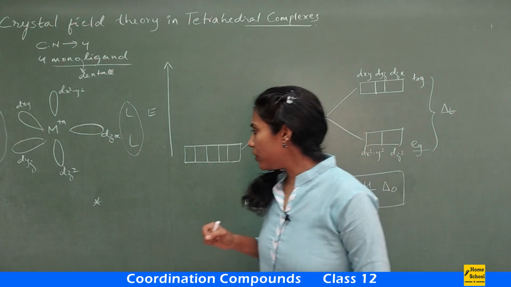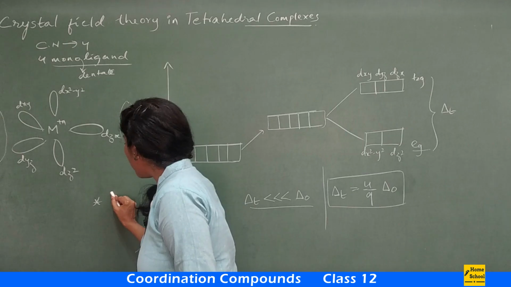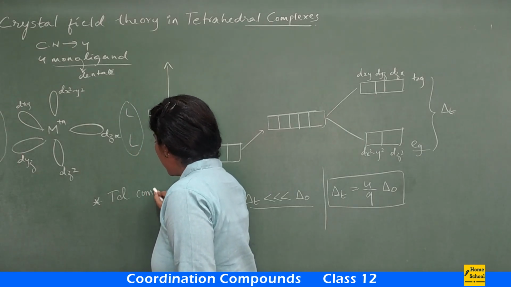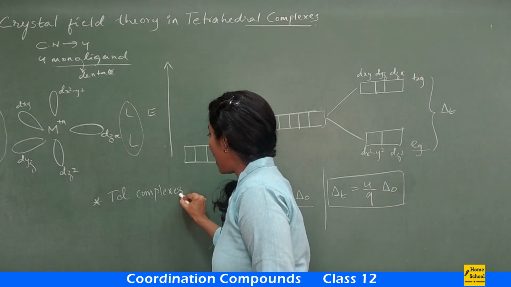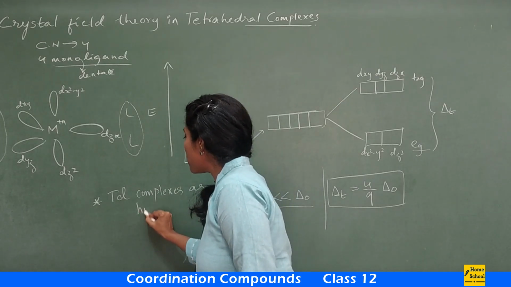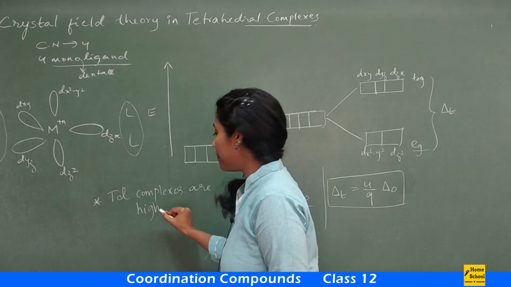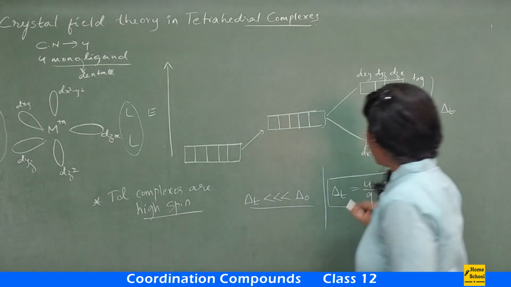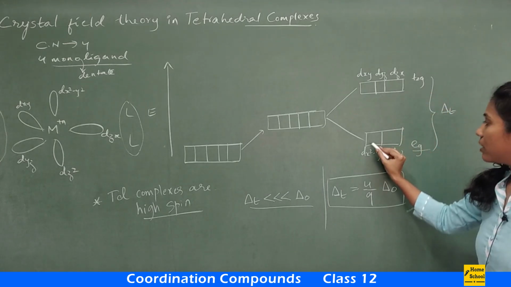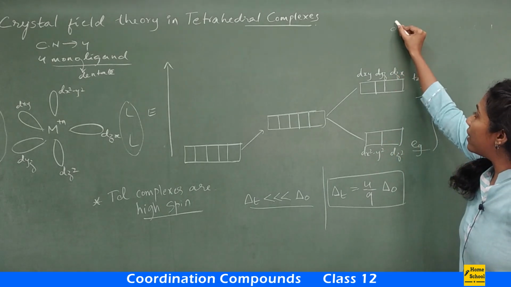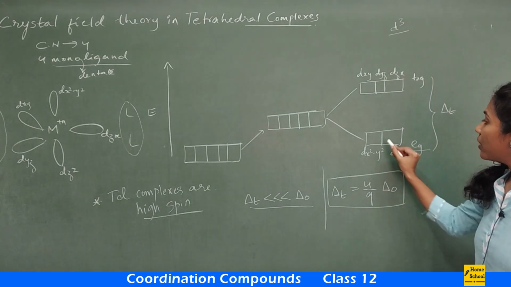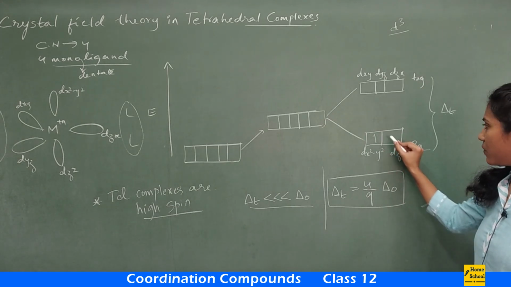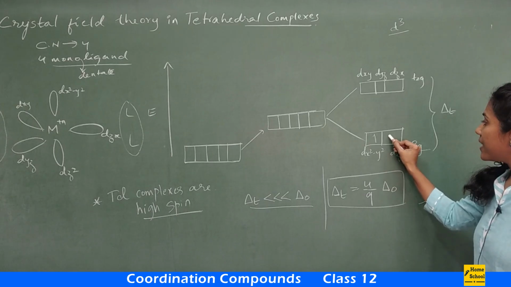So we can conclude that all tetrahedral complexes are high spin complexes. Low spin complexes are rarely observed. That means whenever you start filling electrons, say for a d3 configuration, the first electron you place here because these are the orbitals which have lower energy. Second electron here.